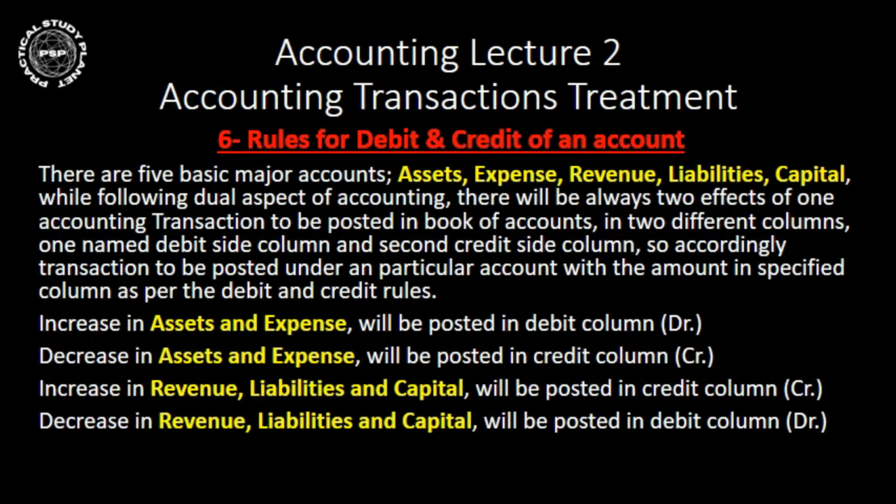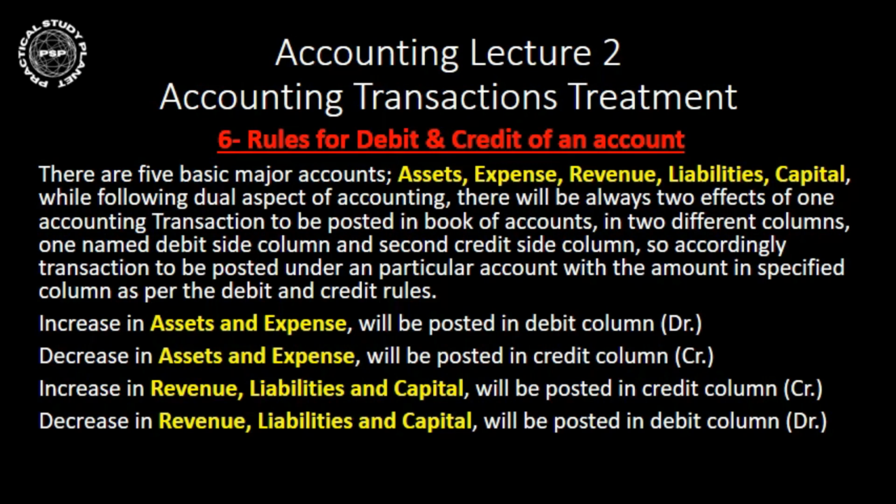Now we study the rules for debit and credit of an account. There are 5 basic major accounts, as we already studied before: assets, expense, revenue, liabilities, and capital. While following the dual aspect of accounting, there will always be two effects of one accounting transaction to be posted in the books of accounts in two different columns, one named the debit side column and the second the credit side column.